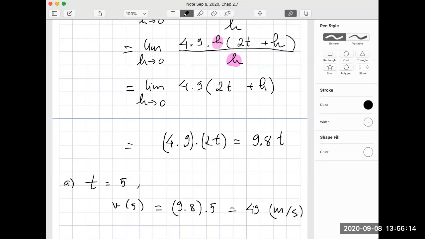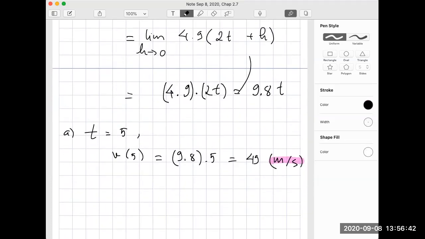Remember, the unit here is meter per second because the velocity is the fraction of the change in distance over the change in time. The distance we use is in meters and time is in seconds. That is why the velocity has the unit of meter over second. Okay? Is it clear? Very good.